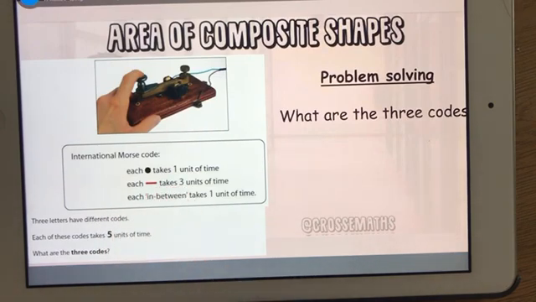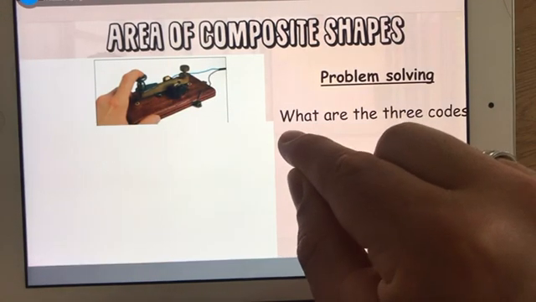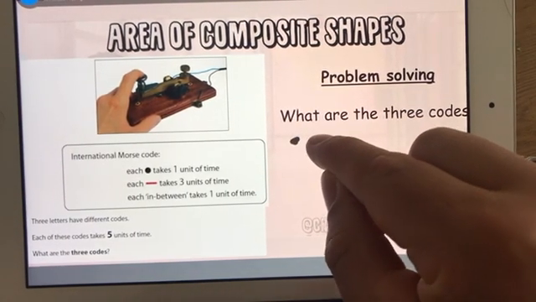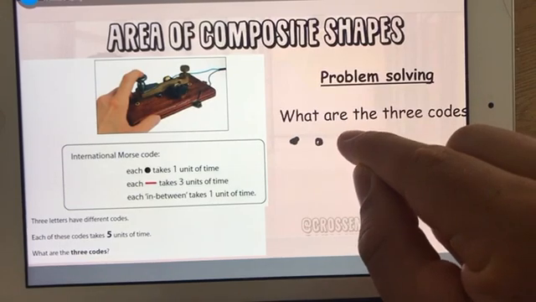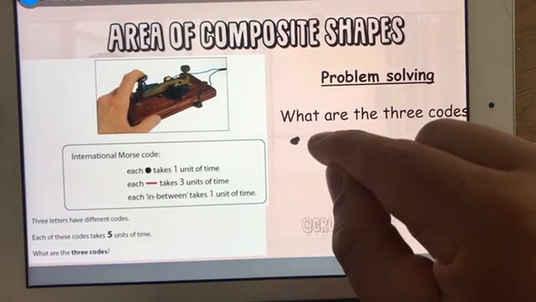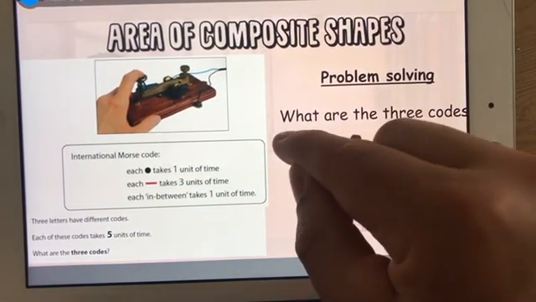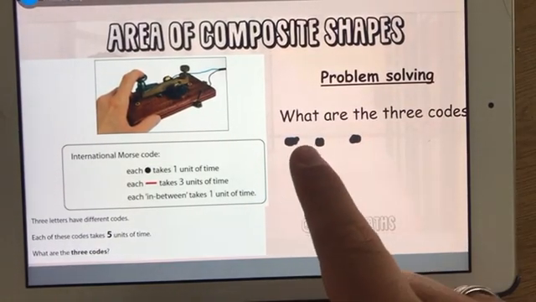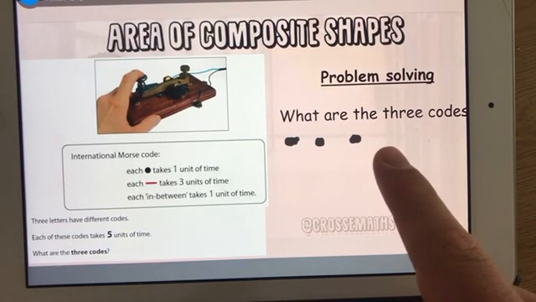If 1 unit at a time is a dot and 1 unit at a time is a gap, I can do dot, gap, dot, gap, dot. And that should make up a perfect 5 units at a time. Dot, gap, dot is 5. So that's a perfect one.